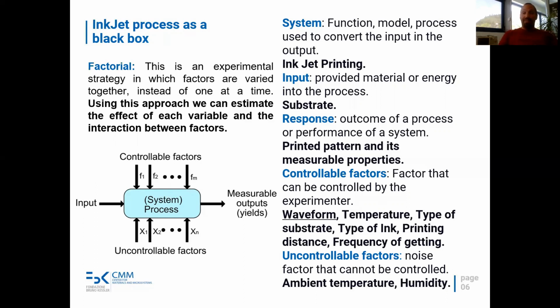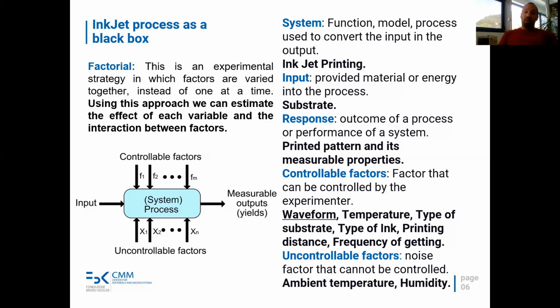Our system is the inkjet printing, and we had some controllable factors. In our case, we decided to modify the waveform that we give to the piezoelectric. Then we had some uncontrollable factors, which are noise that cannot be controlled, in this case the ambient temperature, humidity, and other environmental factors.